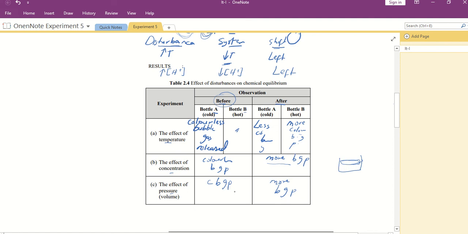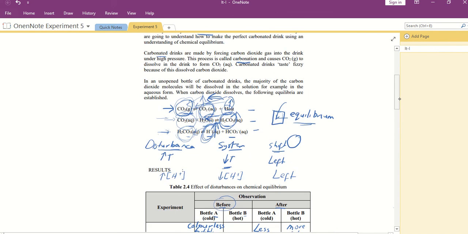Why? Inside the carbonated drinks bottle, the pressure is high. After we transfer it into a glass, the pressure has decreased. So it is the first equation. The disturbance that we introduce is the decrease in pressure.